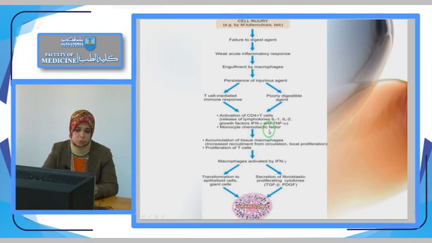This will cause chemotaxis and proliferation of other inflammatory cells, and it would lead to macrophage activation and transformation of these macrophages into epithelioid cells. And we learned what epithelioid cells are and why they are called epithelioid cells. Okay, and secretion of fibroblastic proliferation cytokines, and then proliferation of fibroblasts occurs. So I have active tissue destruction and, at the same time, a healing process, which is one of the criteria of chronic inflammation, as we agreed.